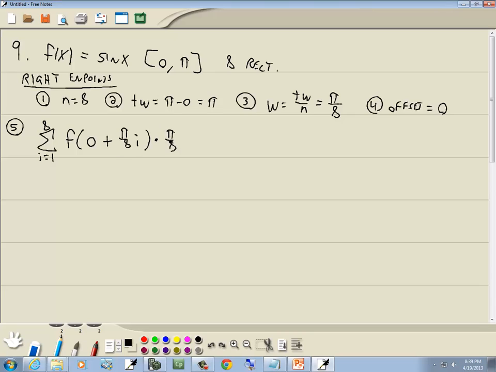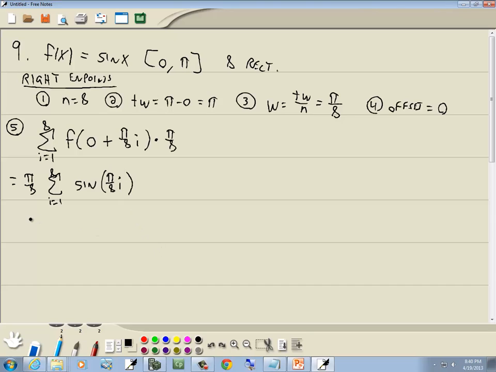Well, this pi over 8 that's at the very end can go to the very beginning. We can take it out in front of our summation, so we don't have to worry about it. And then we've got i equals 1 to 8. And 0 drops away, and we just got f of pi over 8 i. So we're going to take that pi over 8 i and put it into our function. So we're going to have sine of pi over 8 i.